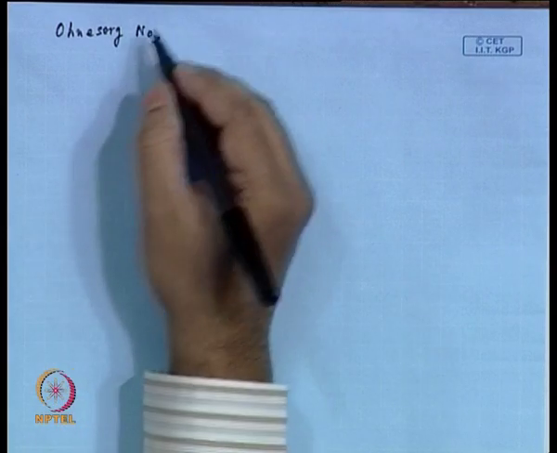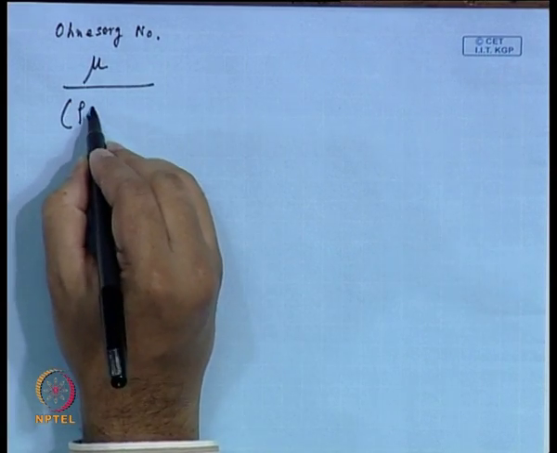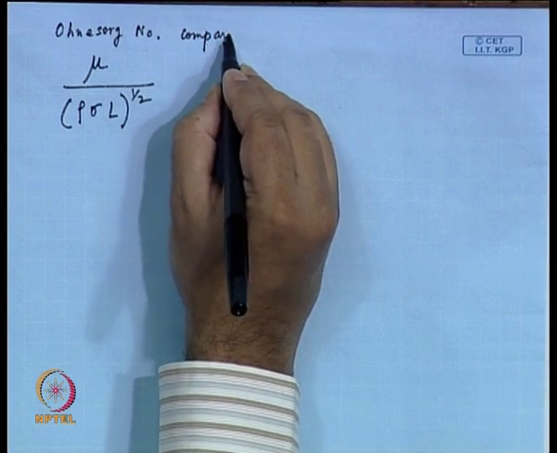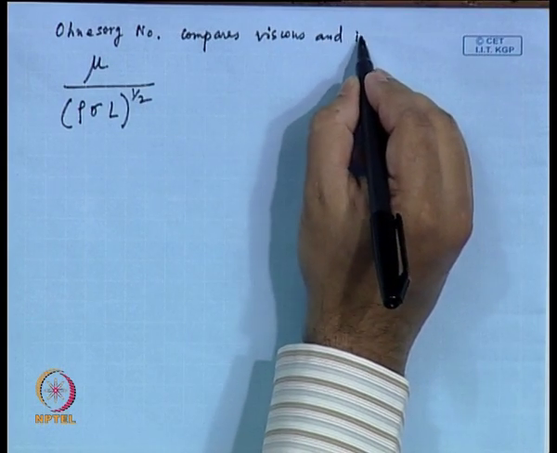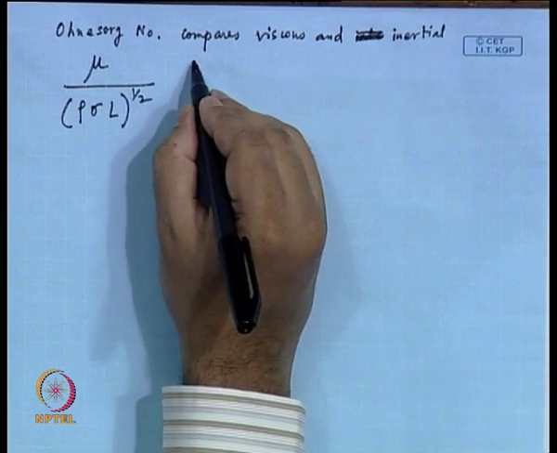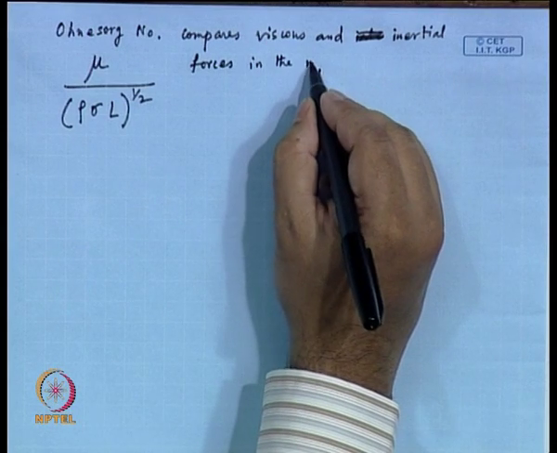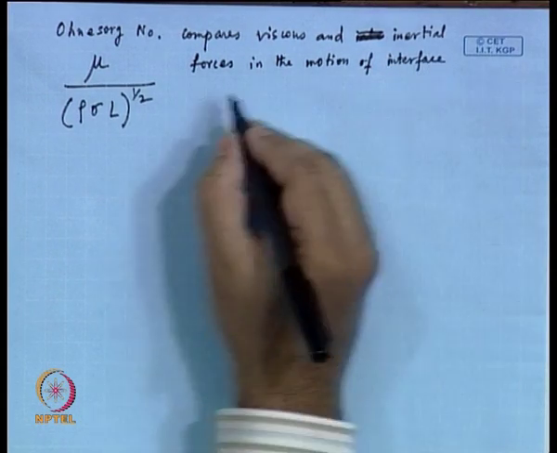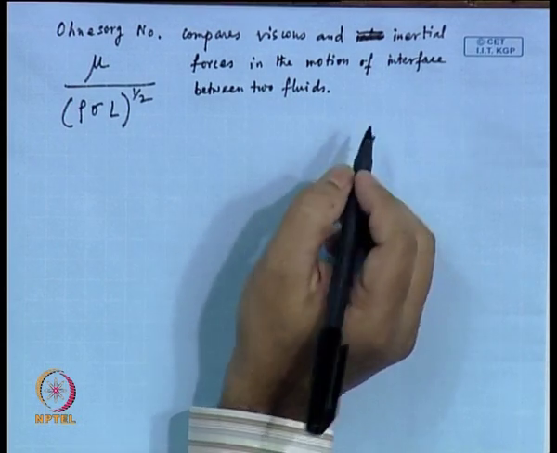Here we mentioned that the expression is mu divided by (rho sigma L) to the power half, and this number compares viscous and inertial forces in the motion of the interface between two fluids.